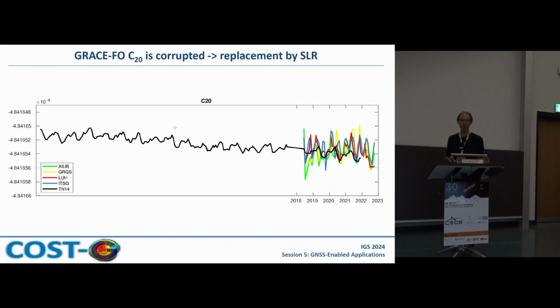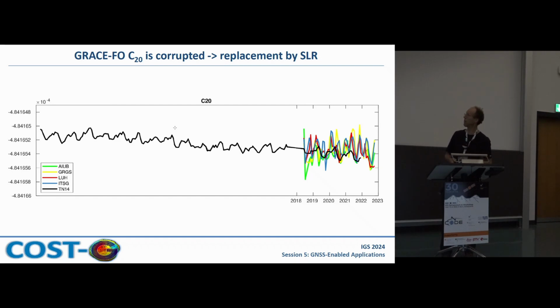I have to point out one problem. You may have heard that one of the main components of the gravity field, C20, is not well determined from GRACE or GRACE follow-on. So here you see the long-term time series of C20 values derived from satellite laser ranging, and for the last 5 years, values derived from GRACE follow-on.